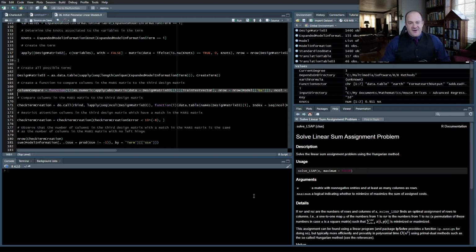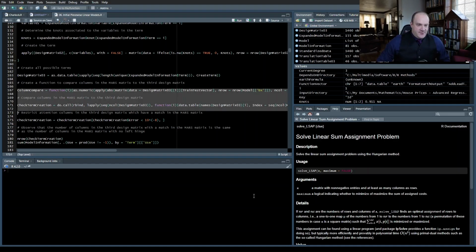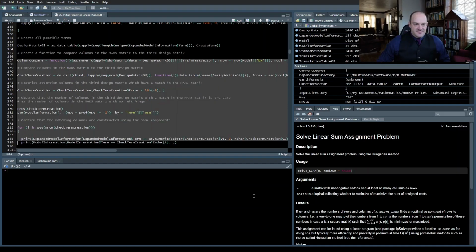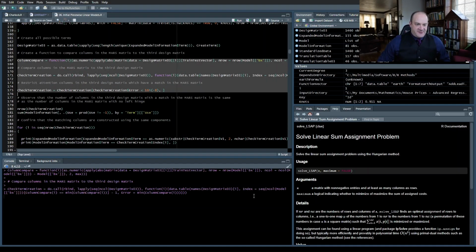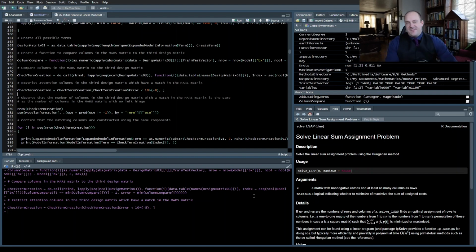And we are now going to compare this to the columns in the Mars matrix. So again, what happens is that the Mars matrix, or the design matrix that came from the Earth routine, some of those terms contain min functions and some of them don't.